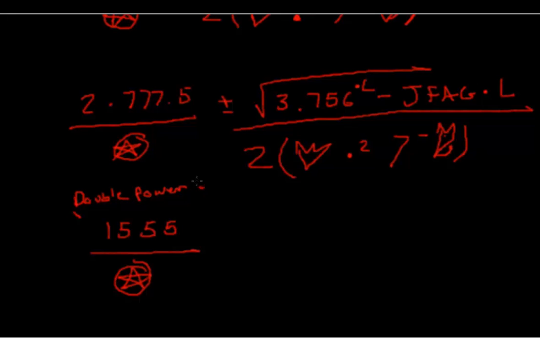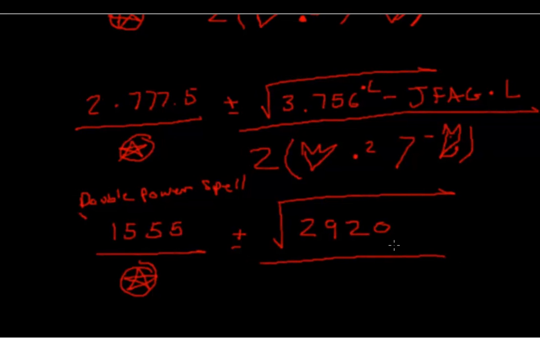Let me just write it down for anyone who can't quite get it. So plus or minus. Yeah. So we do that calculation, 2,920. And as you can see, we've got rid of JFAG, which really makes this problem much less complicated.